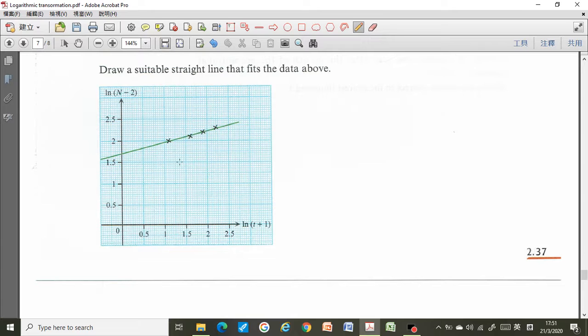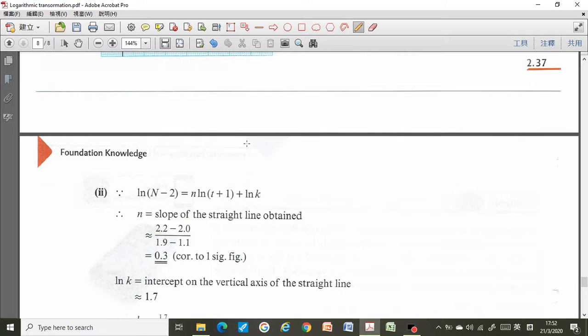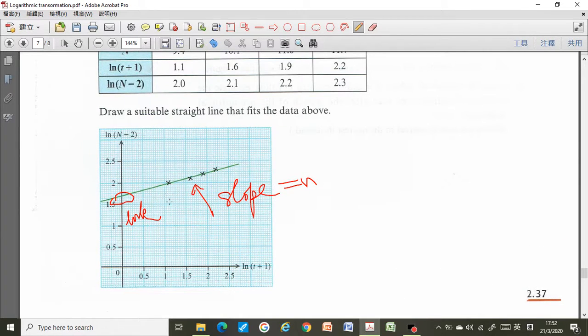Now you will get the y-intercept here, it is the log k, and the slope is just the n. So now we try. By taking logarithm, you will want to find 2 points.